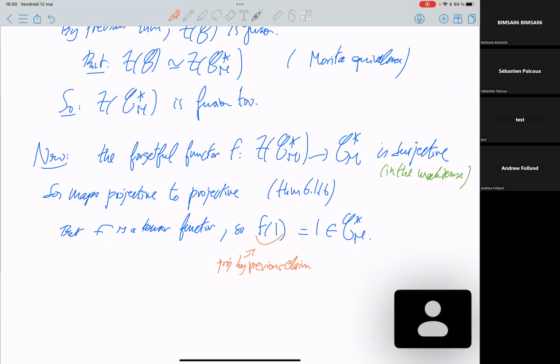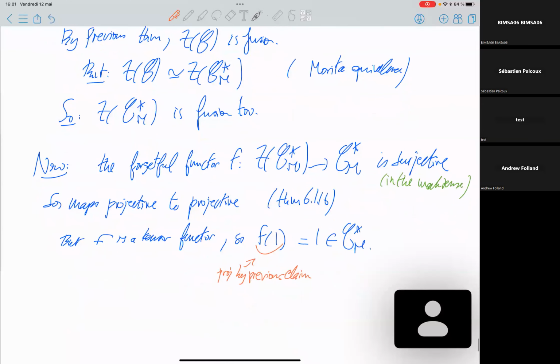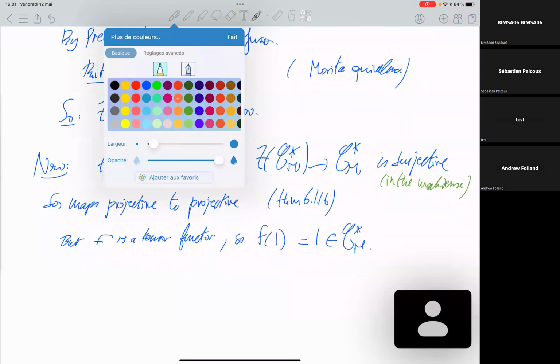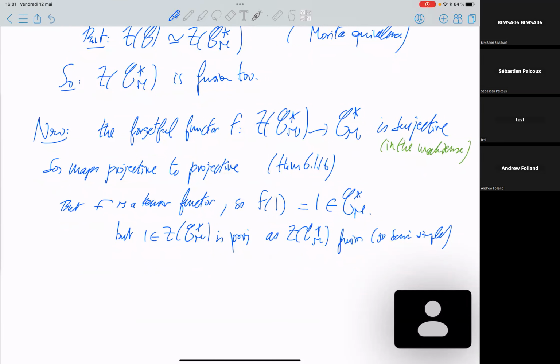So we know that 1 in the center is projective as this is fusion, so semi-simple.